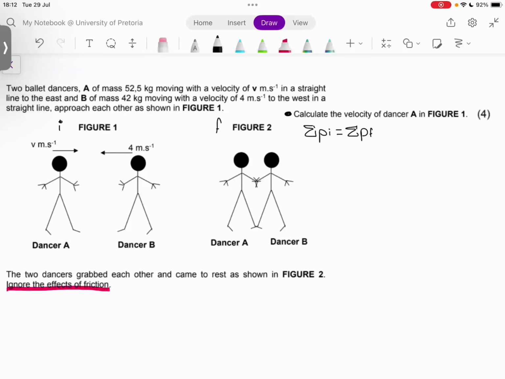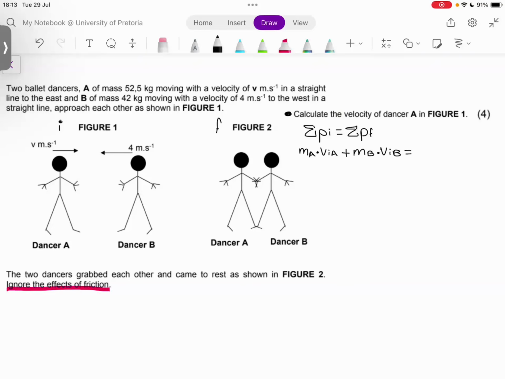On the left side of the equation, if we expand that one, we end up with the mass of A multiplied by the initial velocity of A plus, remember we are summing all initial velocity in figure 1, the mass of B multiplied by the initial velocity of B.